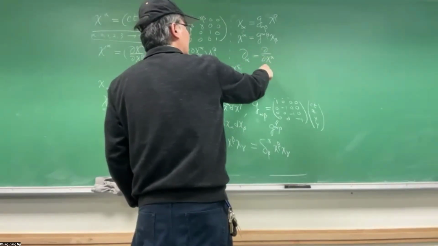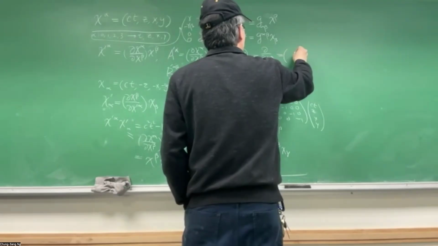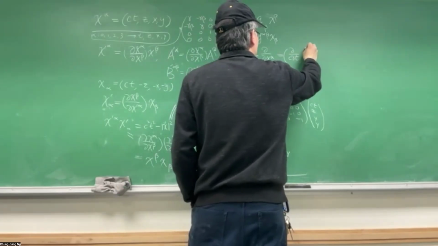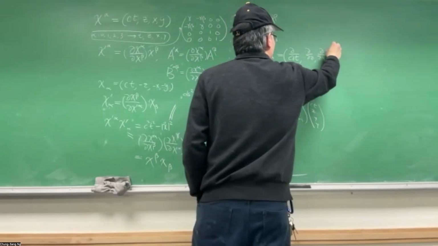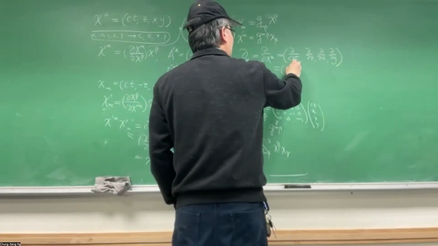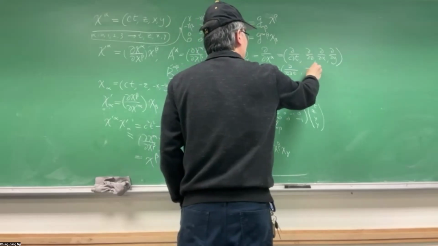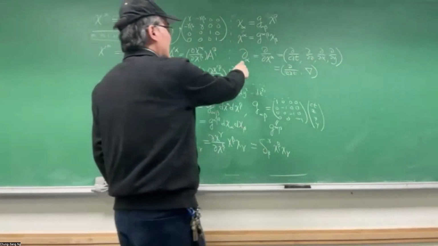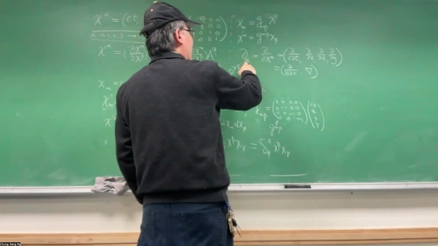Written in component form, this is partial over partial ct, and then partial over partial x, y, z in Jackson's notation, or in short form, partial t and the gradient. So that's a differential operator, differential four vector, or the gradient four vector.